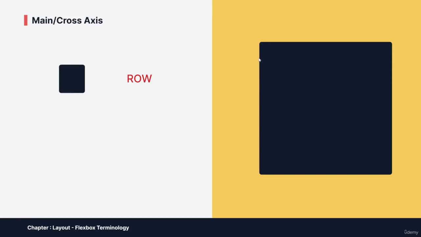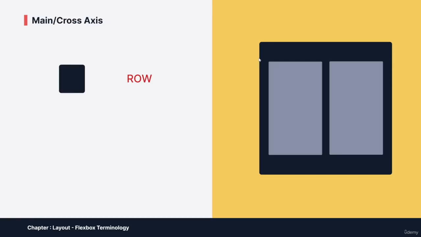Let's imagine we set this to row, and now when we add two items, they are aligned along the main axis. That means we had two items that we added, and so they are aligned on the left and on the right, with a horizontal alignment, because the main axis here is horizontal because it's a row.